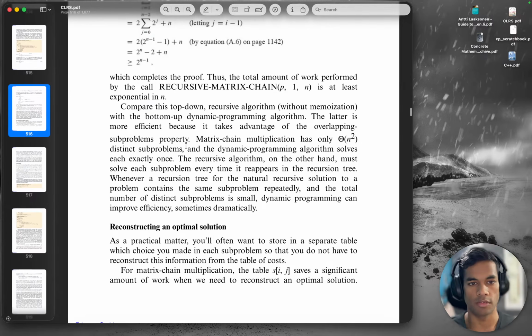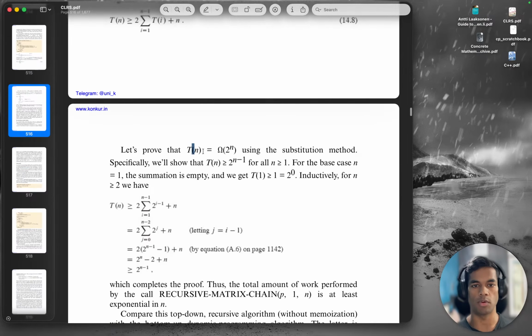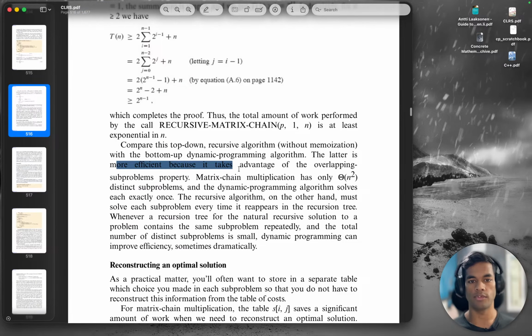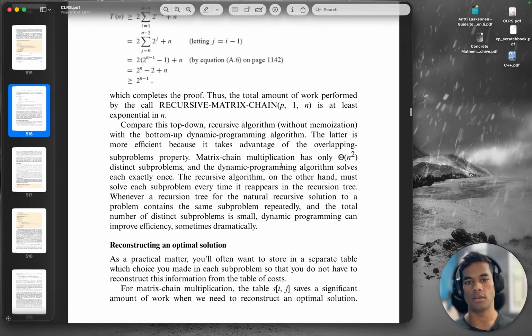Compare this to the top-down recursive algorithm with memoization. This is the time complexity for a dynamic programming algorithm without any memoization, and that is very bad. The latter is more efficient because it takes advantage of the overlapping subproblems property. Matrix chain multiplication has only n square distinct subproblems.